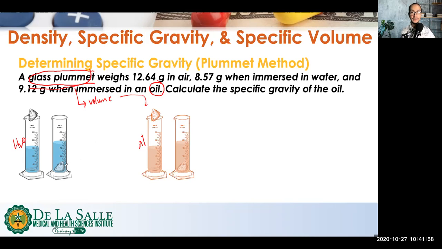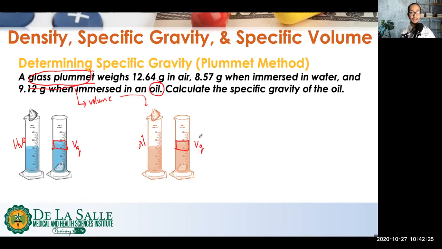Now, take note that the glass plummet will displace an amount of the liquid equivalent to its volume. So in water, the displaced volume is this, and that volume is the same as the volume that is displaced in the oil. So G for glass plummet.